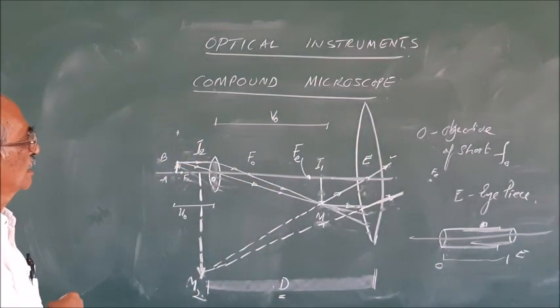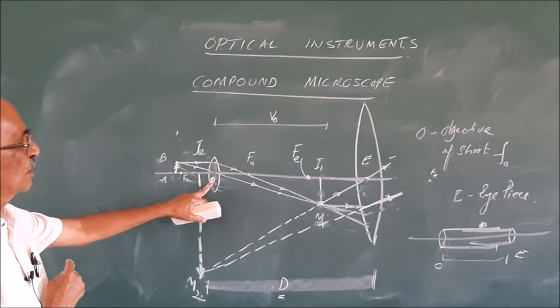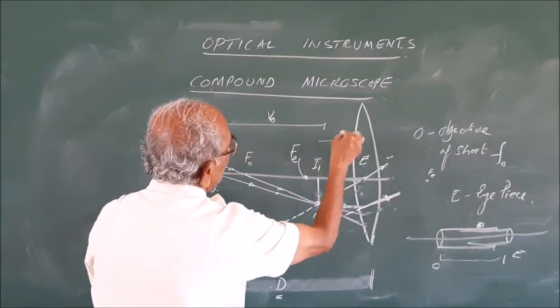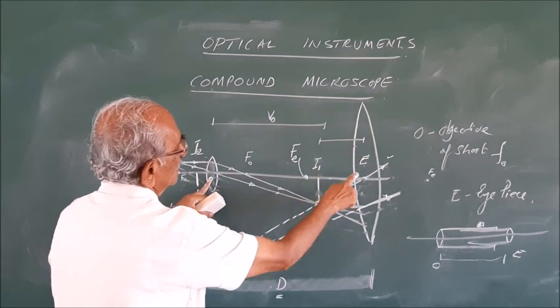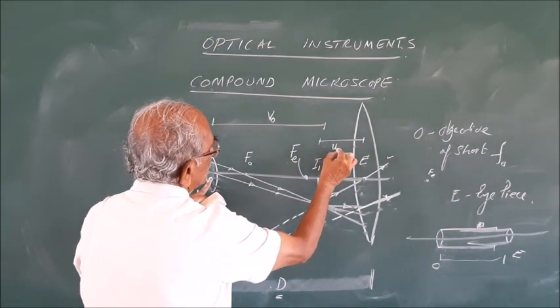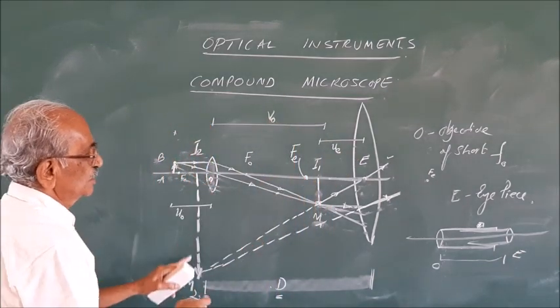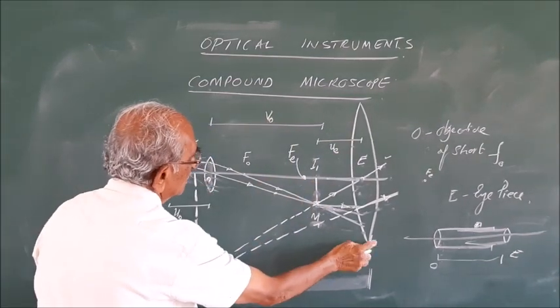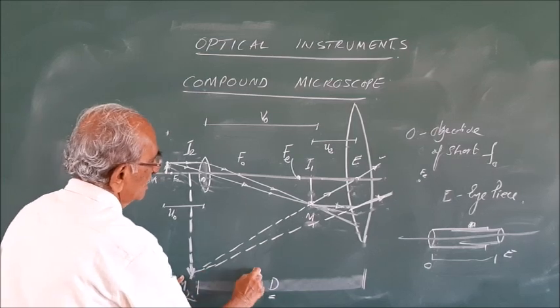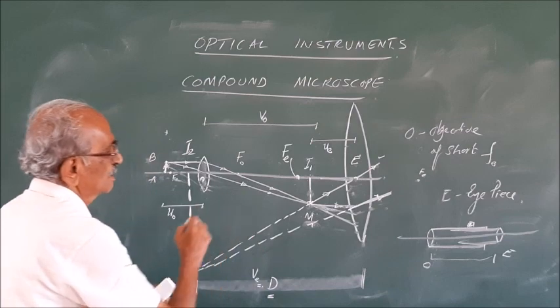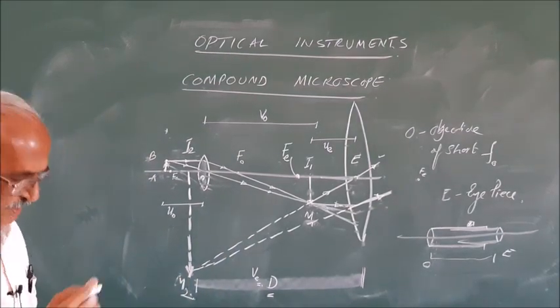Subscripts O correspond to the objective lens. Now this distance I1E is the object distance for the eyepiece, and this distance between the eye lens and the final image is now the distance of distinct vision.